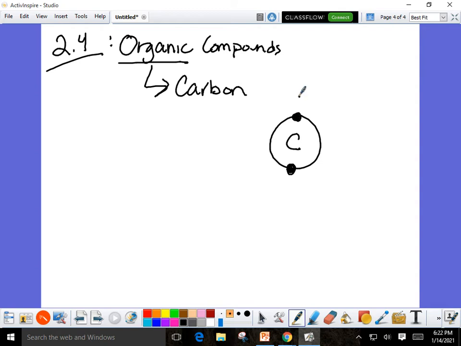The second energy level can hold 8, but carbon only has 6 electrons. So we have 2 on the first shell, and the other 4 on the outer shell, its valence shell. So it has 4 valence electrons. We can call carbon tetravalent.